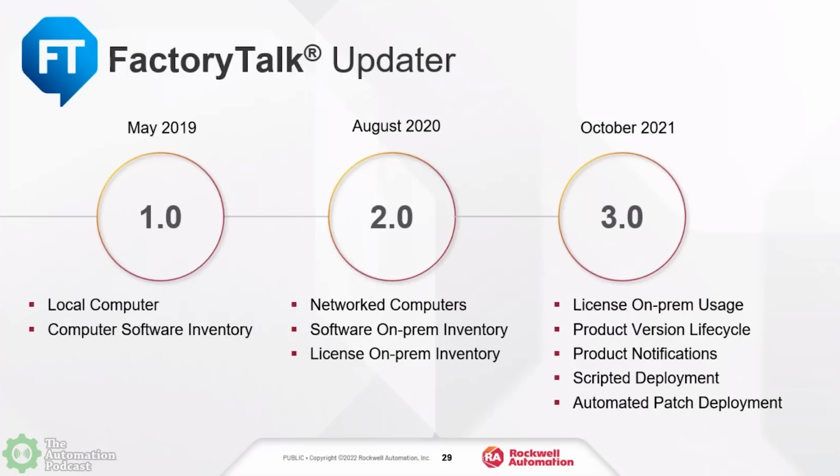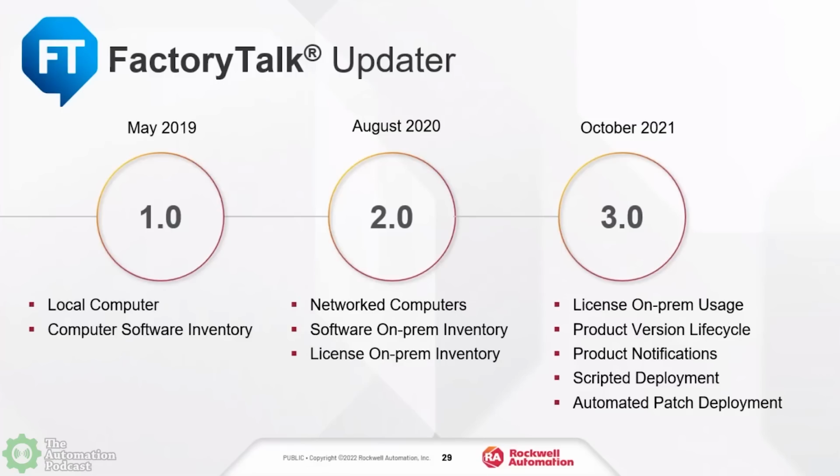From its initial release in May of 2019, this has already come a very long way. In version 1, you had local computers and software inventory. Version 2 added the ability to have networks as well as on-prem inventory. And now with the latest release, you have product notifications, you can script deployment, and you can even automate your patches.